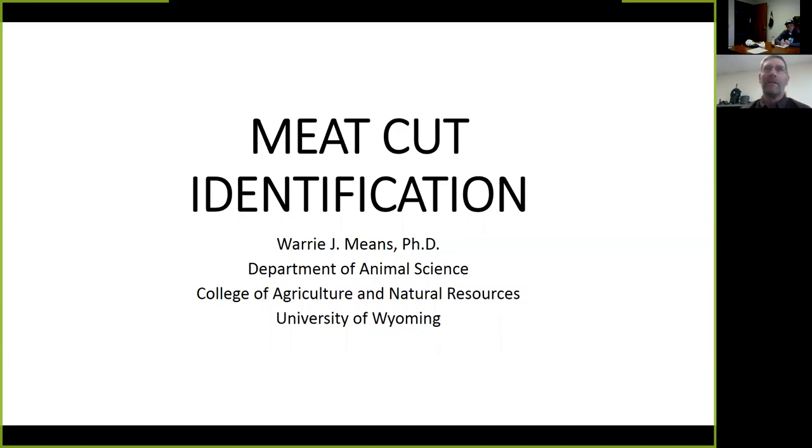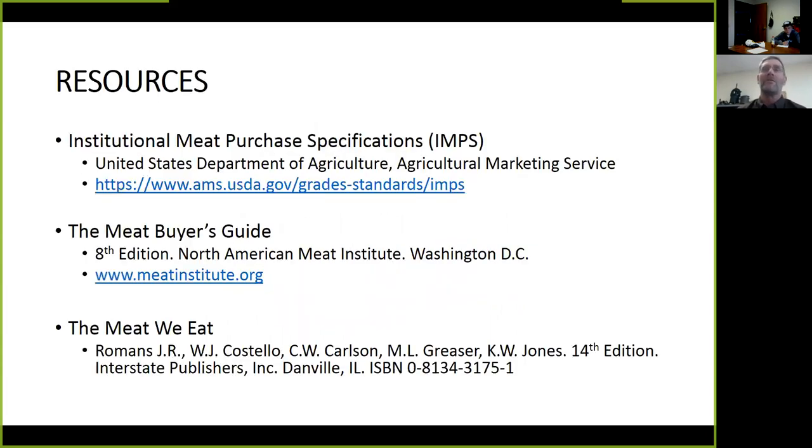Okay, I want to talk tonight about meat cut identification and some of the principles that are involved in that. First, I want to review a few of the most important resources that I think are available for fabricating meat, cutting meat, or identifying meat.